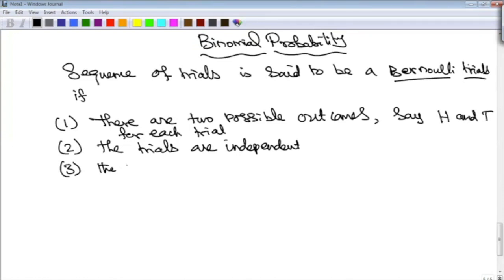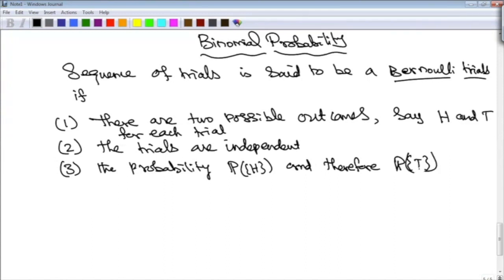See, the probability of head, and therefore probability of tail, remains the same in all trials.